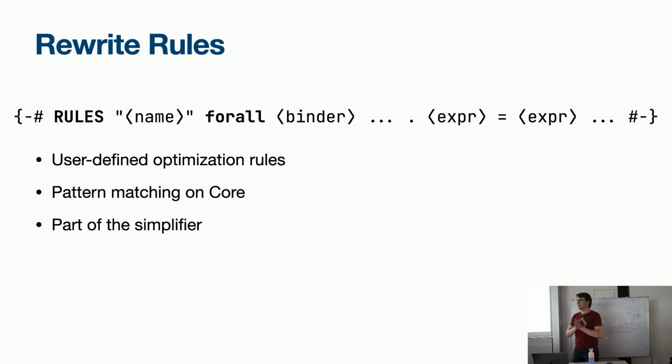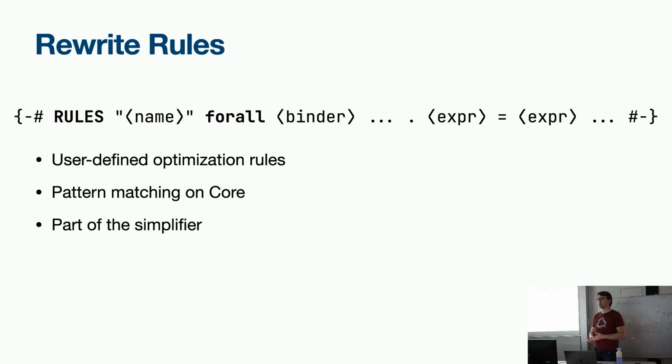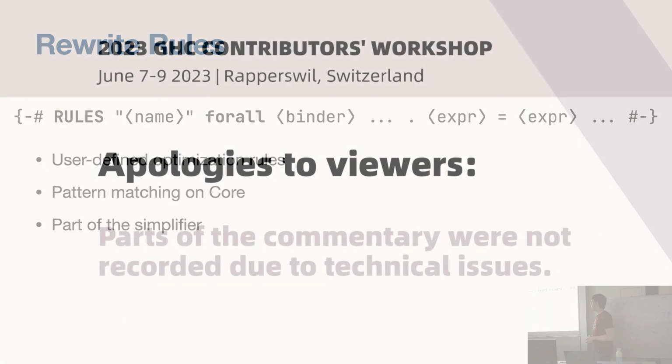I expect most of you to be kind of familiar with them, but I'll repeat. You have this pragma that you can use in your Haskell source files to create user-defined optimization rules, and you can do this by basically pattern matching on parts of core.